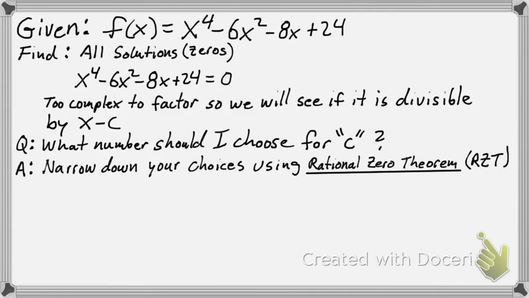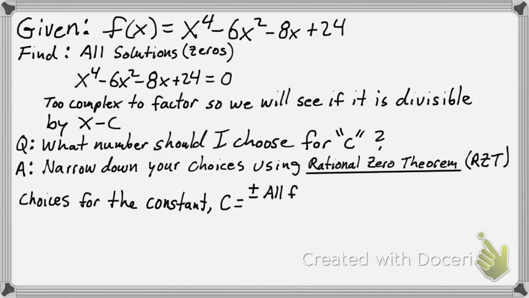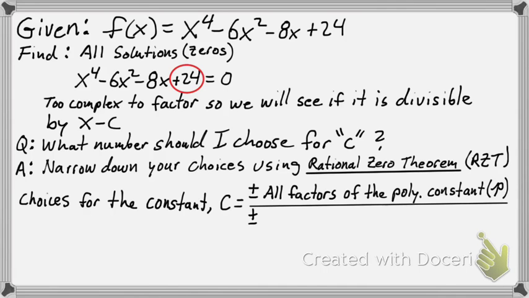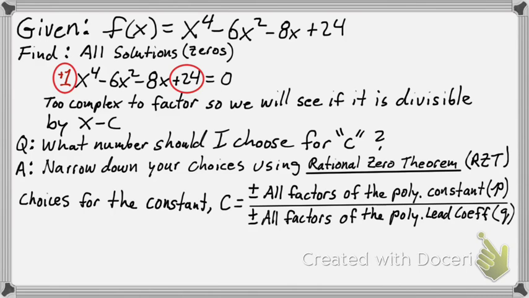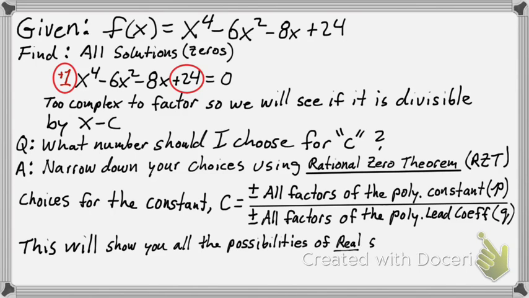The rational zero theorem looks at the lead coefficient of the original polynomial and the final constant term of the polynomial. We must be careful.